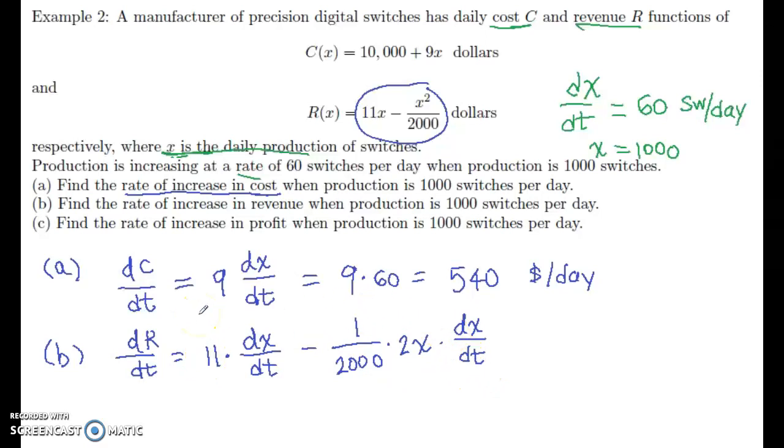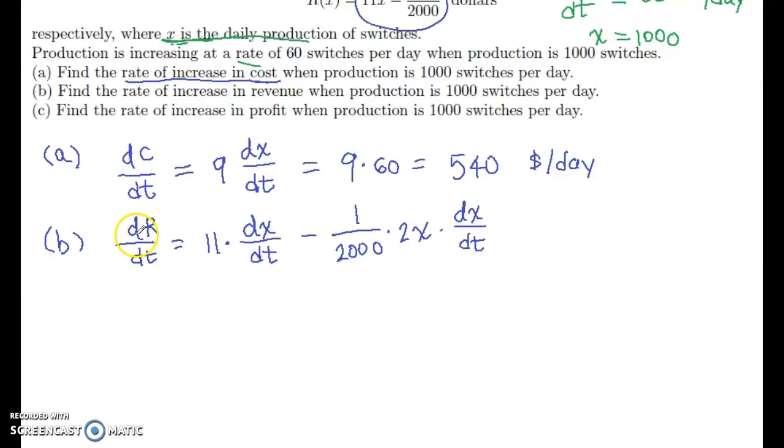Now in order to do the calculation, we just plug in the quantities. So it equals 11 times 60 minus 1 over 2000 times 2 times x.